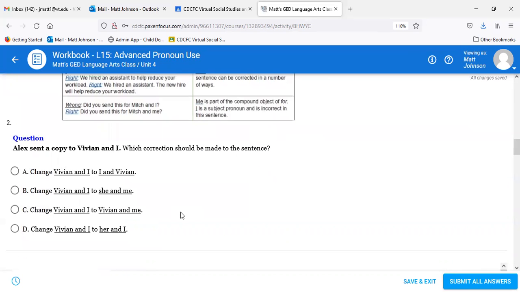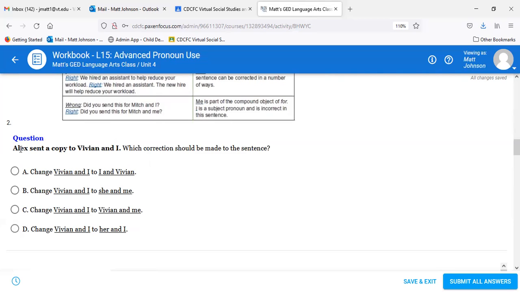Okay. Alex sent a copy to Vivian and I. How do we want to change this? Is I the correct pronoun there? It's either I or me, right?